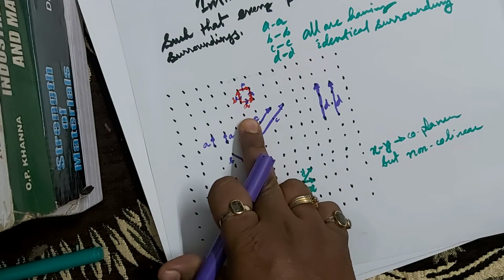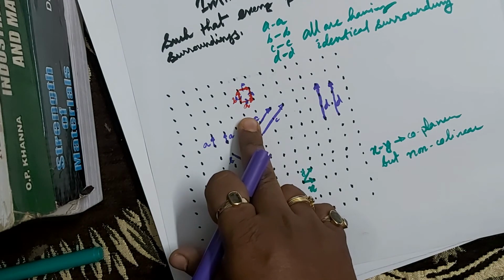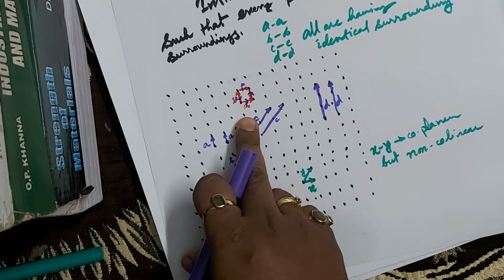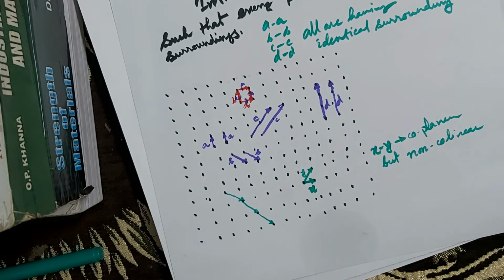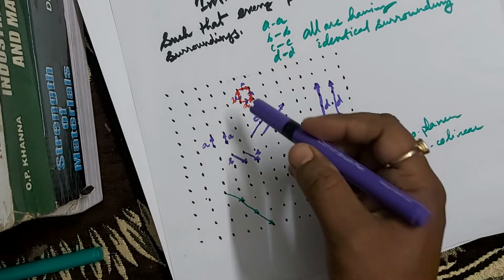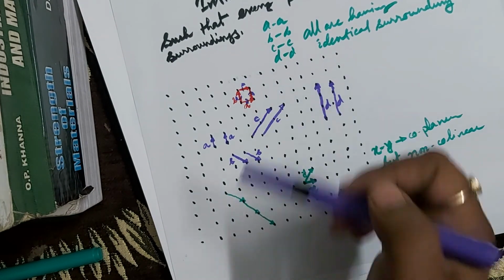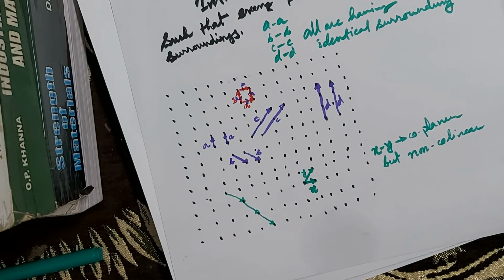After 360-degree rotation, we can get the identical shape: 90 plus 90 plus 90 plus 90, total 360. So this is called rotational symmetry.